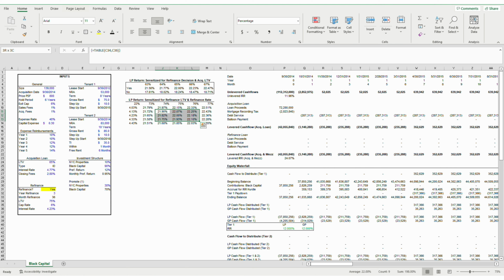Format here to make the table a little prettier, and I choose gray just because the case is called Black Capital.